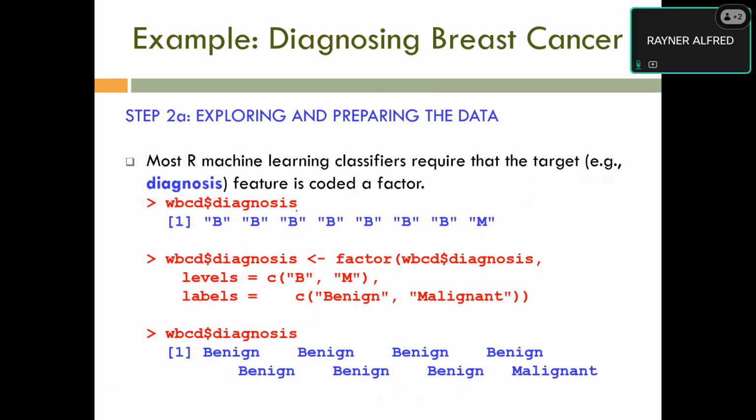First we look at the content of this diagnosis, and then we are creating a factor between B and M. C is the column binder only. So we are changing B and M into benign and malignant.